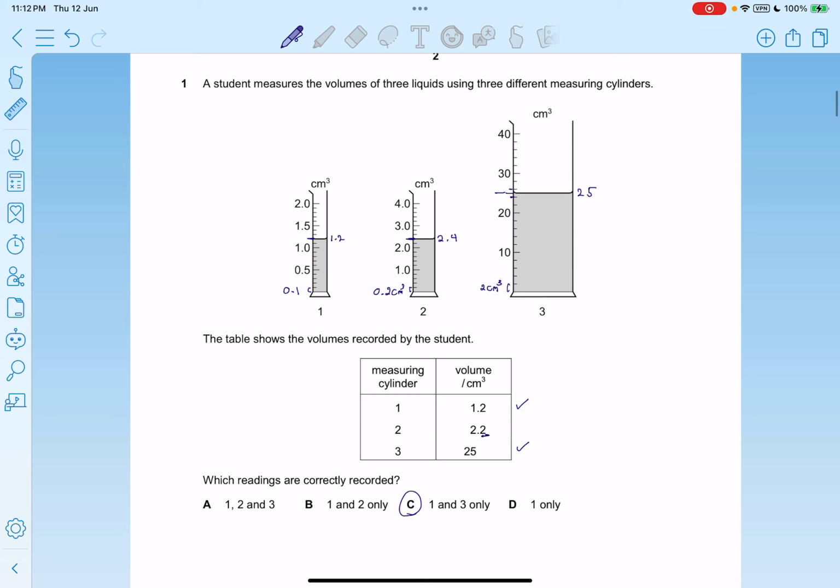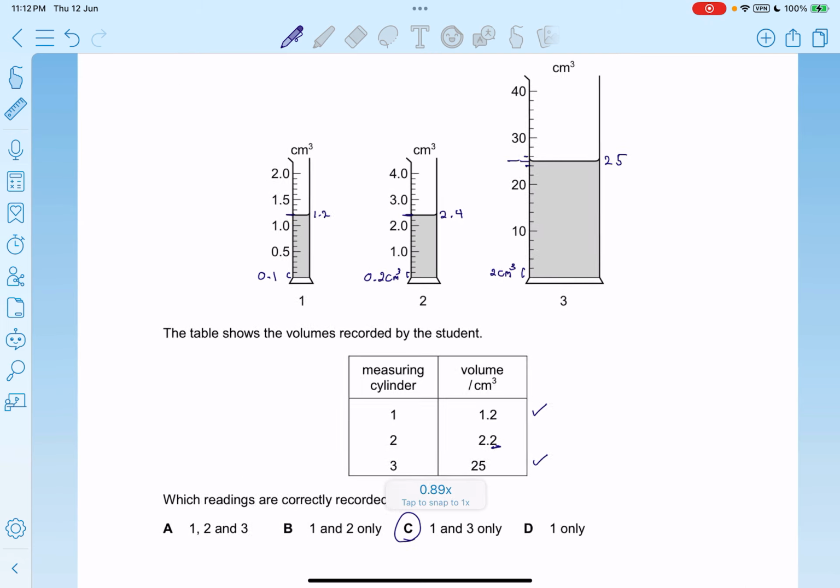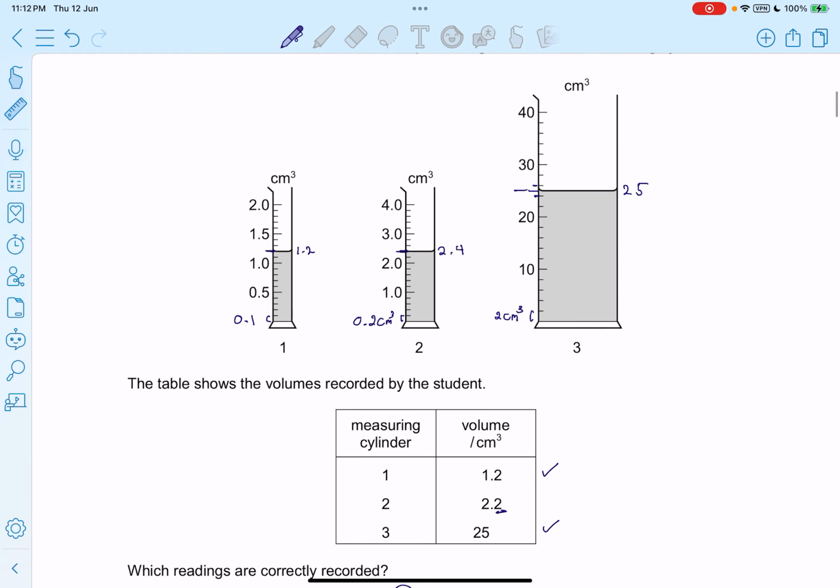Number 1, a student measures the volume of 3 liquids using 3 different measuring cylinders. The table shows the volume recorded by the student. In the first measuring cylinder, each division is 0.1 cm cube.